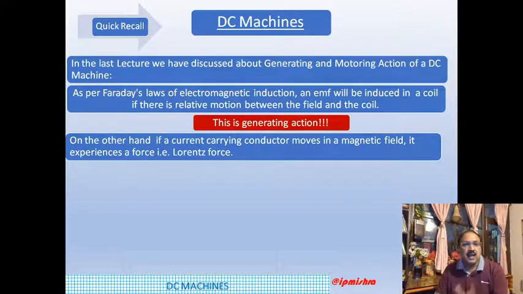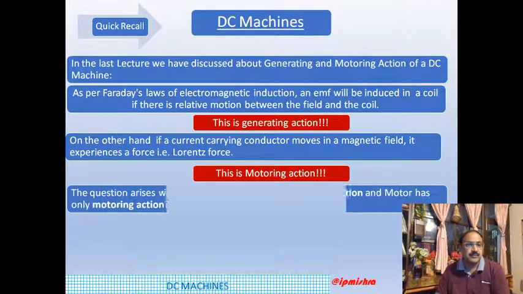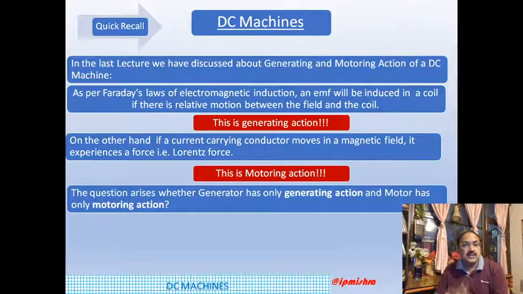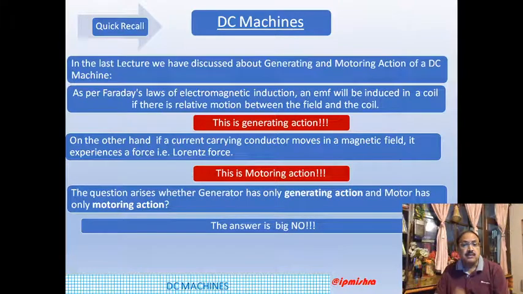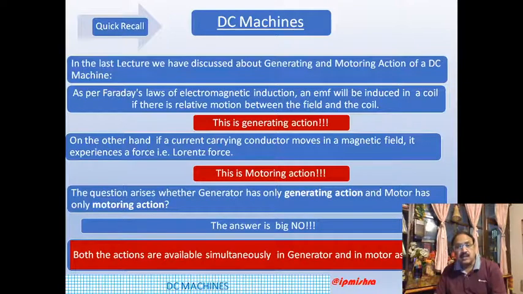On the other hand, if a current carrying conductor moves in a magnetic field, it experiences a force, that is Lorentz force. This is motoring action. Now the question arises whether generator has only generating action and motor has only motoring action. The answer is big no. Both the actions are available simultaneously in generator and in motor as well.